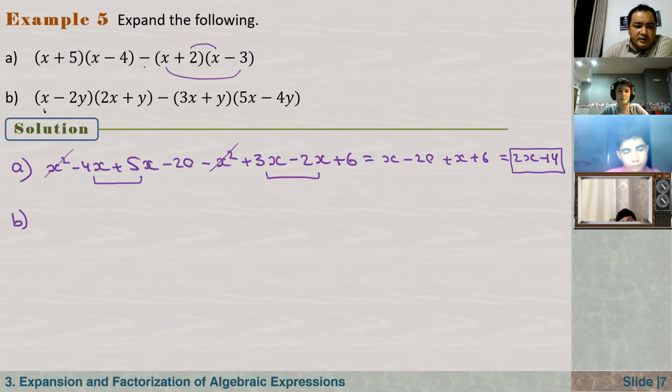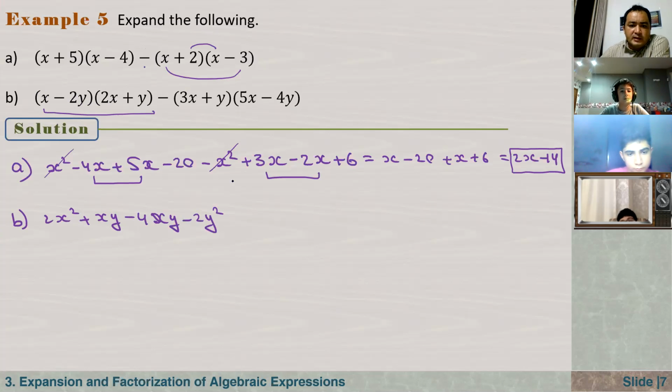First, we have to simplify the first part, or expand the first part. X times 2x, that is 2x squared. X times y, plus xy. Negative 2y times 2x, that is negative 4xy. Negative 2y times y, negative 2y squared. And the other part, also considering this minus, 3x times 5x is 15x squared.